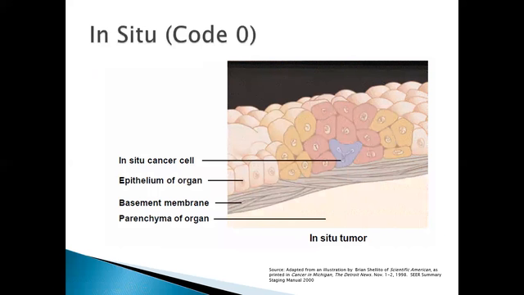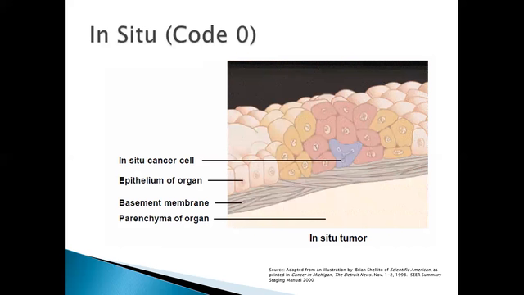You should note that in the summary stage manual, the guidelines by stage will list when a summary stage code is not applicable for certain chapters. So in other words, the list means you cannot use this code for that chapter. And there are many chapters listed under code 0 in situ.